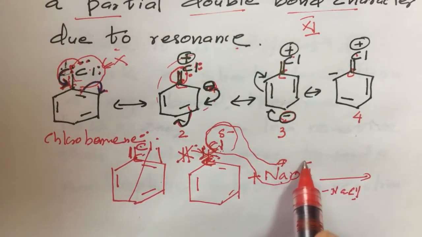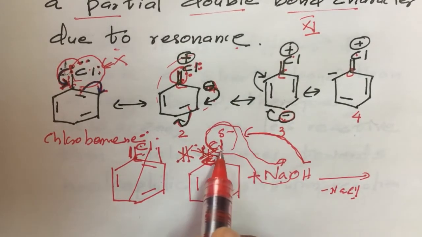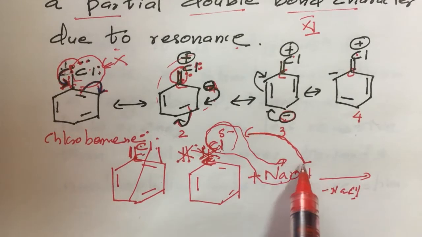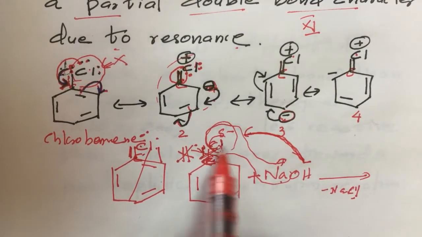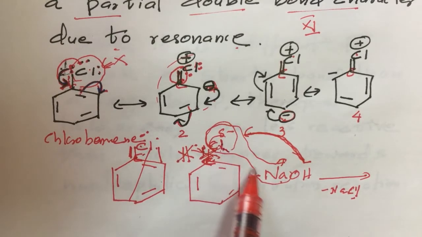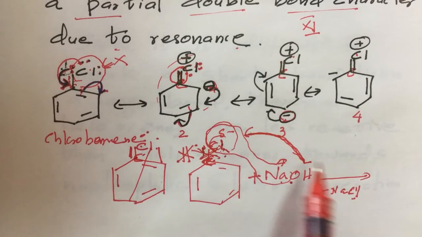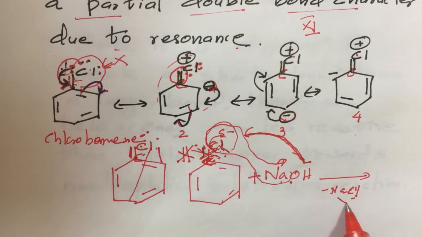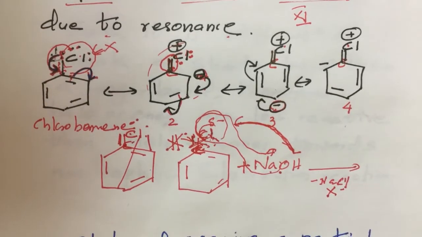Then due to this reason, OH minus cannot replace Cl minus. For replacing Cl minus, the Cl minus should move along with the Na to form NaCl. But due to the partial double bond character, the formation of NaCl becomes difficult. So the substitution reaction also becomes difficult.